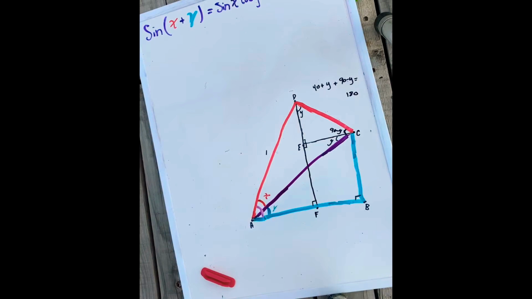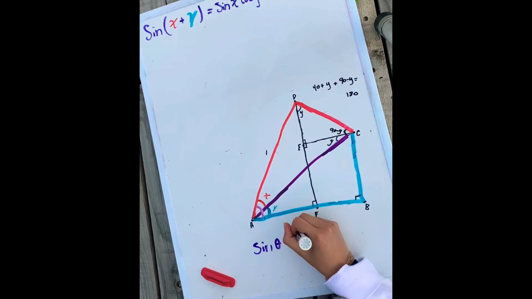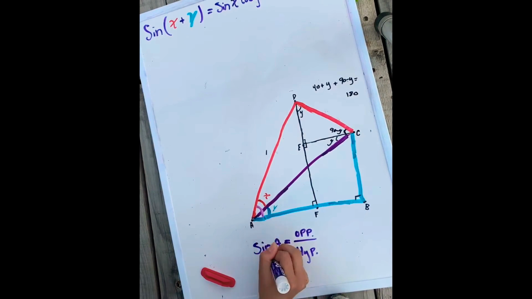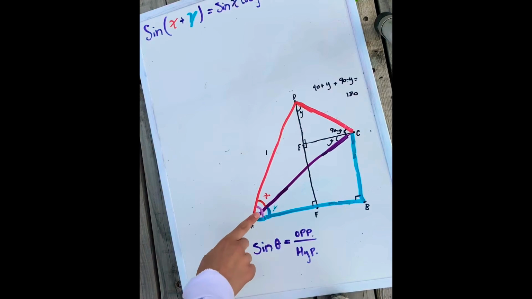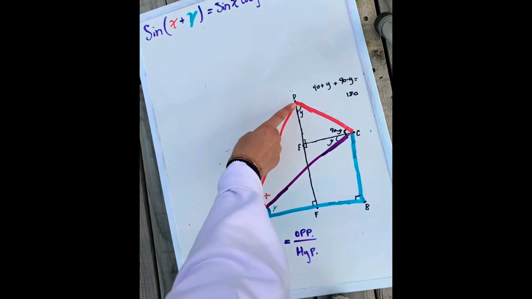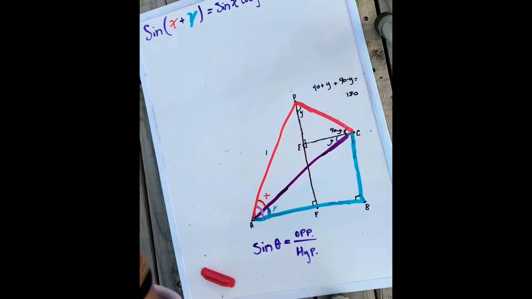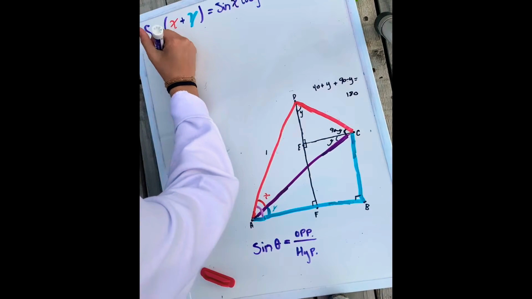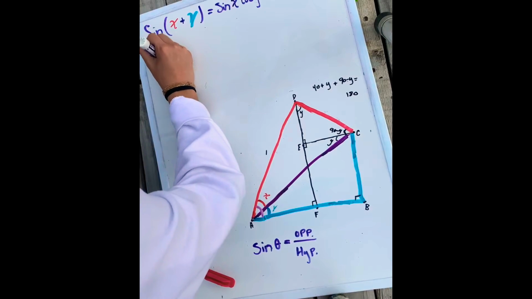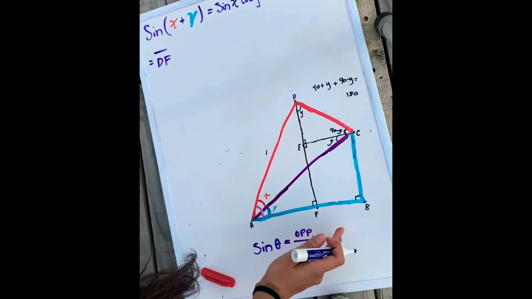So we know that sine of theta is equal to the opposite side over the hypotenuse. The side opposite of x plus y is this segment DF. So we know that sine of x plus y is equal to segment DF.